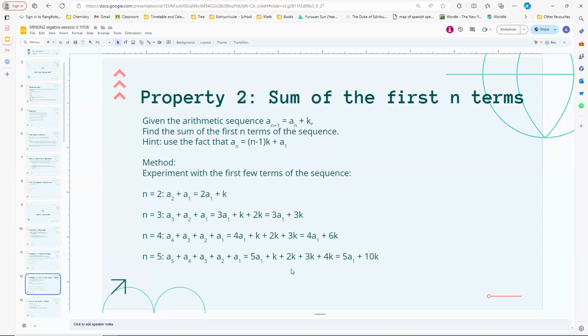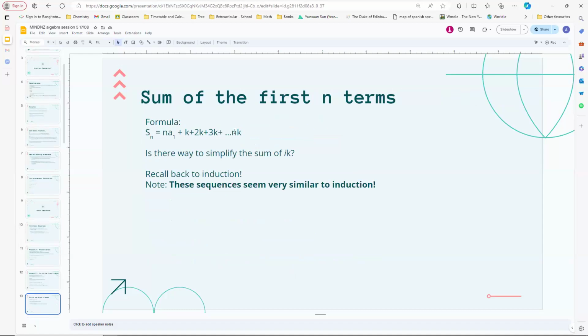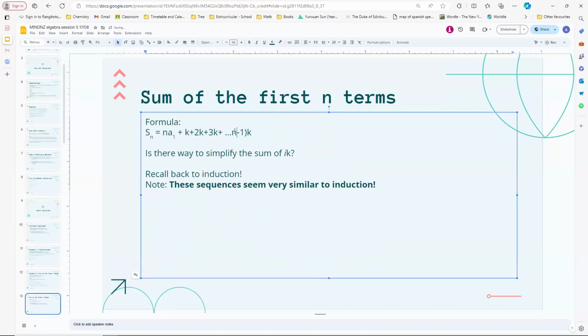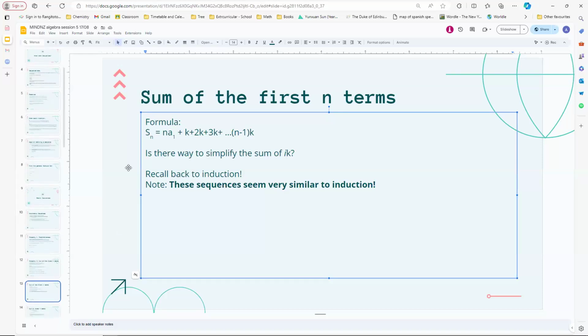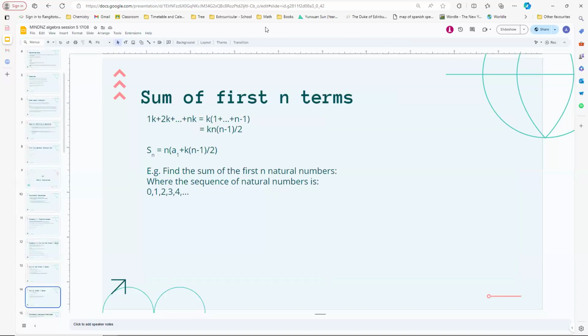So with those two facts in mind, I guess we're ready to come up with a general formula for the sum of the first n terms in terms of our variables. And it's just this, right?